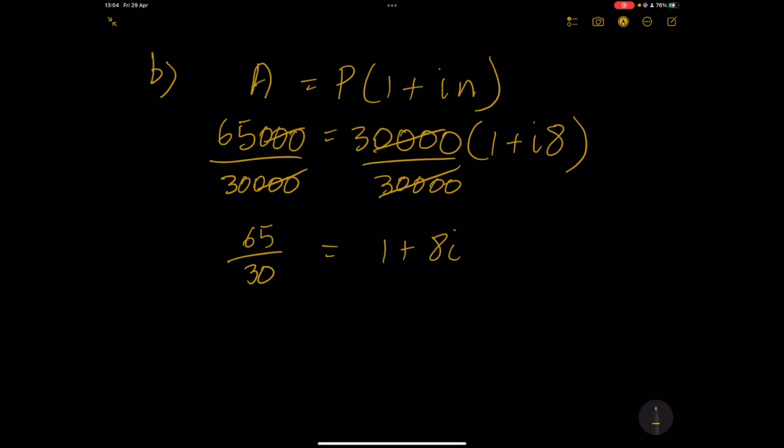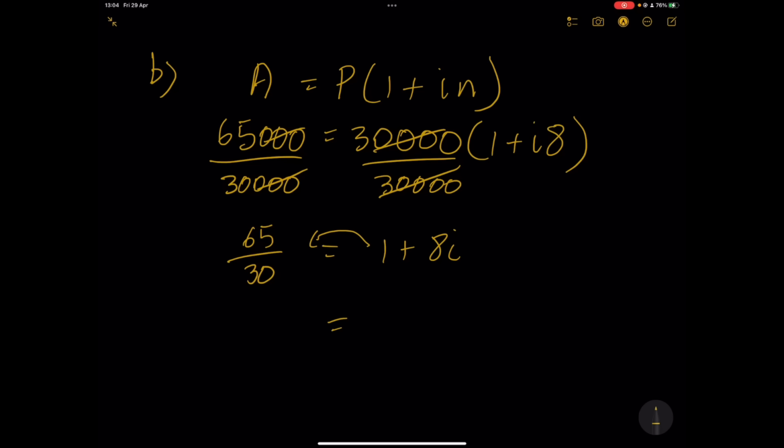Okay, so if we take 65 divided by 30, and we subtract the 1, when we take the 1 to the other side, we subtract it. So I'll just say minus 1. Okay, I get 7 over 6, right?